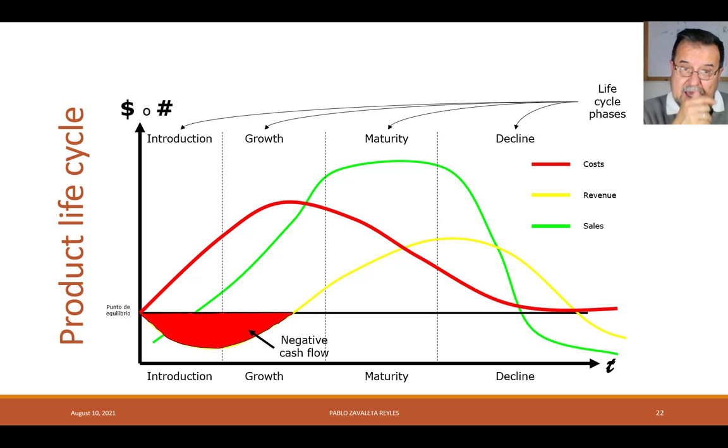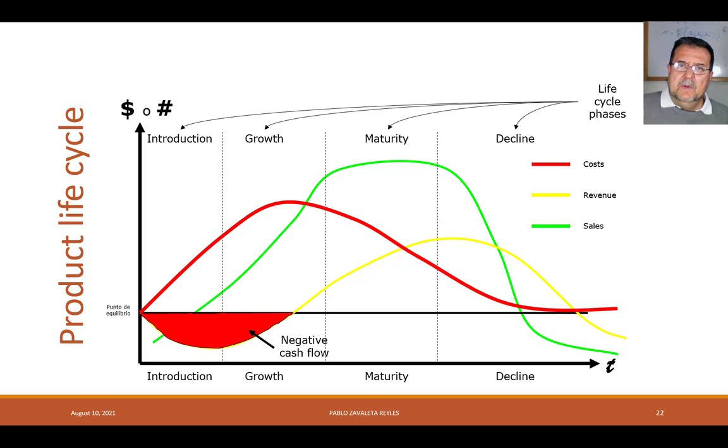And if you do your math, you will have, at the beginning, during the introduction and growth, a negative cash flow. We need to have very strong working capital for those stages. That's one reason why most business operations fail, because they do not contemplate an adequate calculation of working capital.